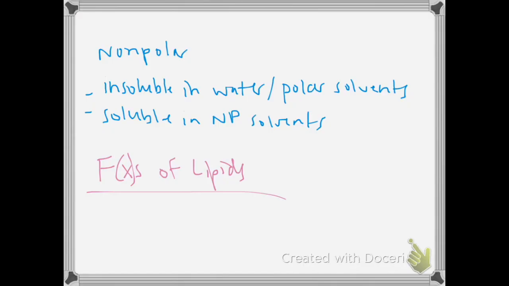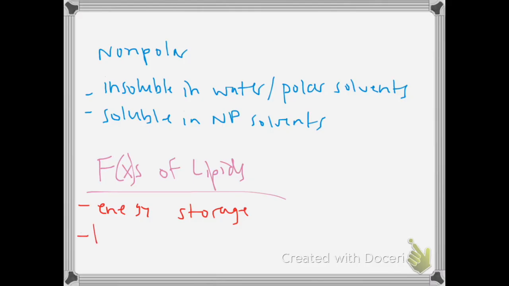The difference is energy storage. We talk about carbs being short-term energy and lipids being long-term energy. So we know one function of lipids is energy storage. We can use these as an energy source.